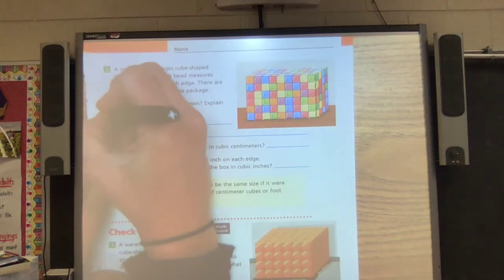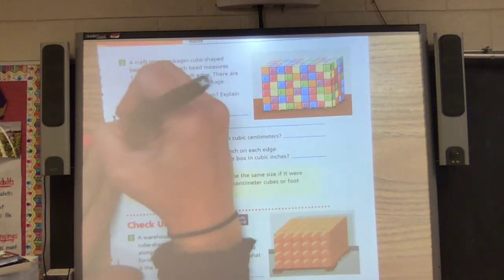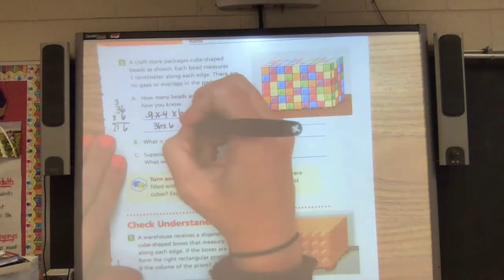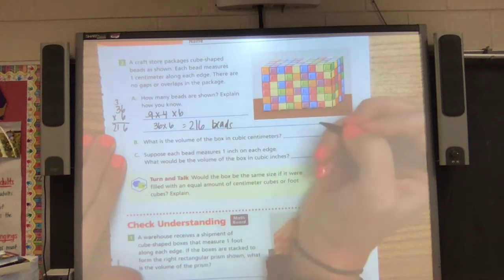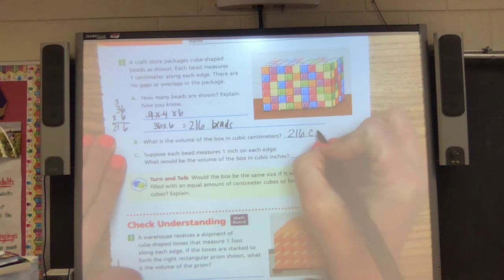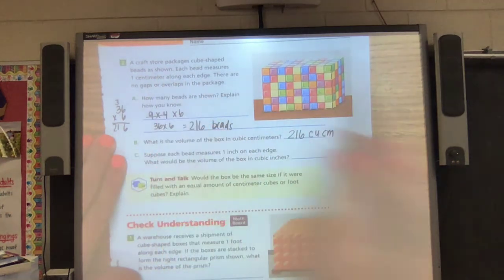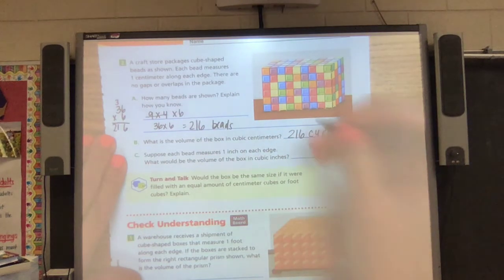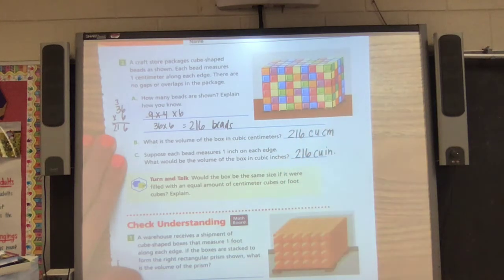So over here to the side, I can multiply 36 times 6 because I don't know it right off. 6 times 6 is 36. 18, 19, 20, 21. 216 beads are shown. So the volume is 216 cubic centimeters because it told us that they were 1 centimeter long. And if they're an inch, the volume of it would still be 216 cubic inches.